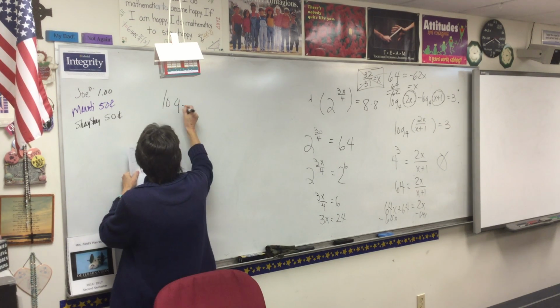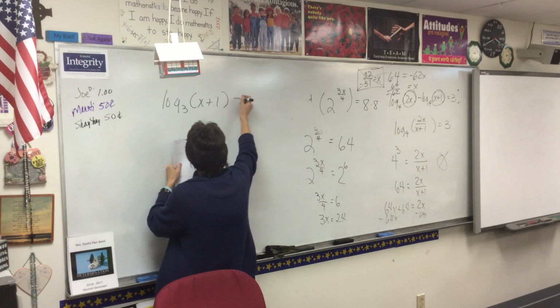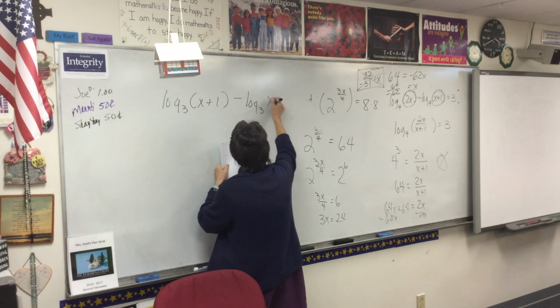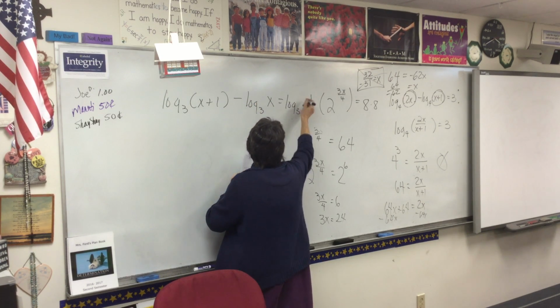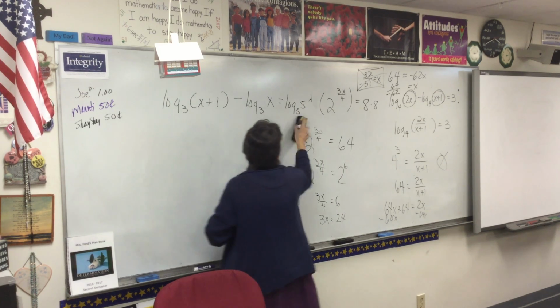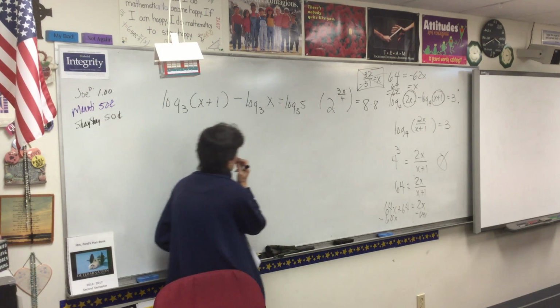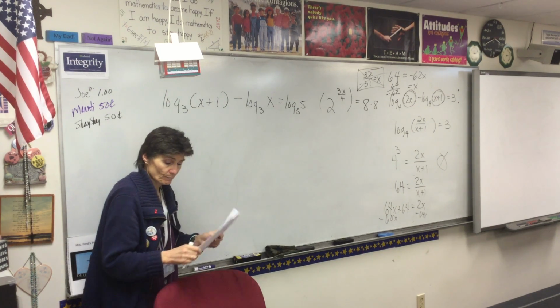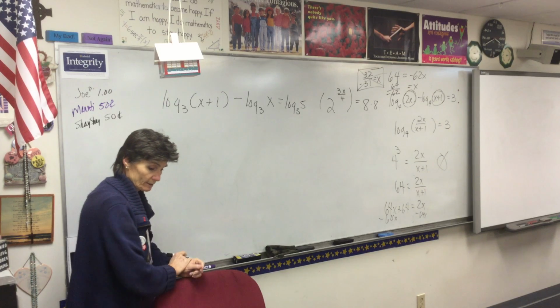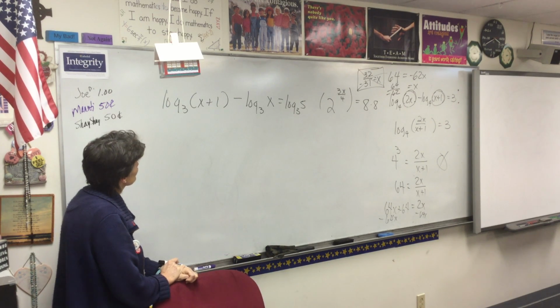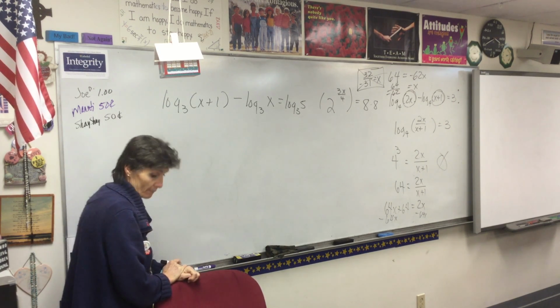All right, so log base 3, x plus 1, minus log base 3x equals log base 3, 5. Kyle, what is your thought when you look at this problem? Half right. Yeah, combine.